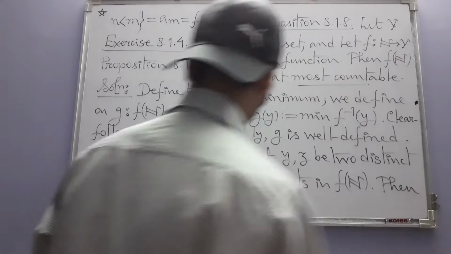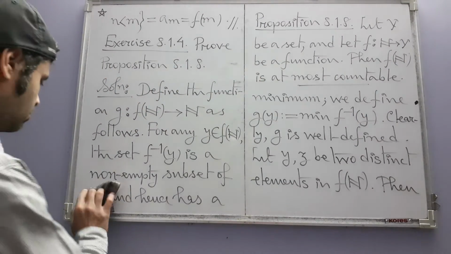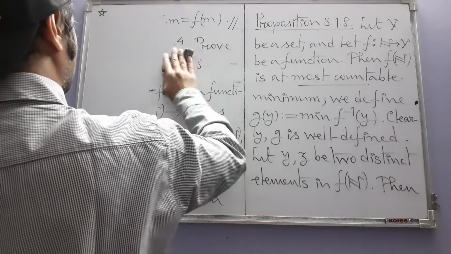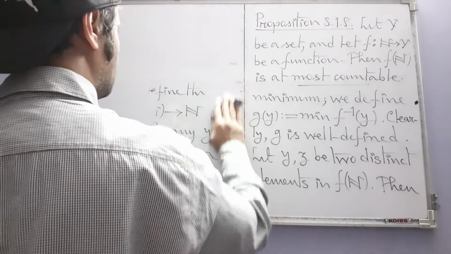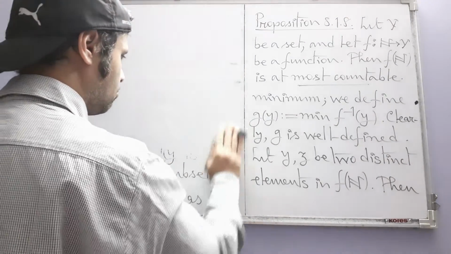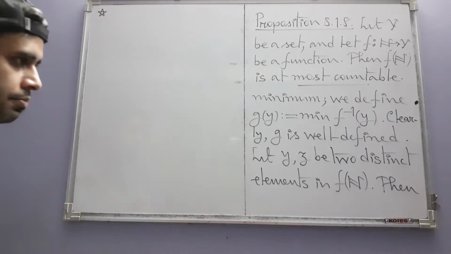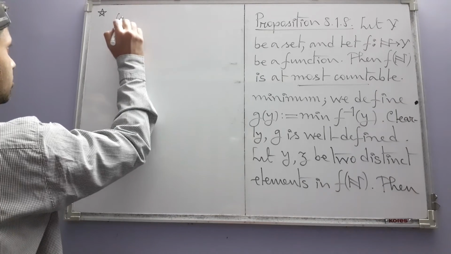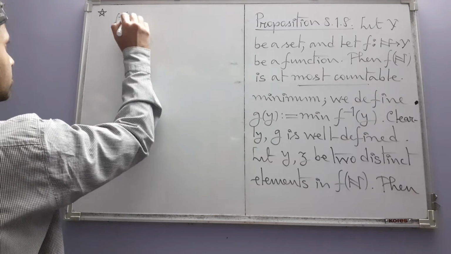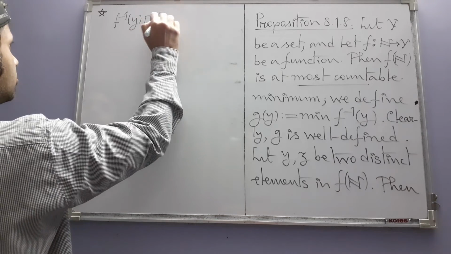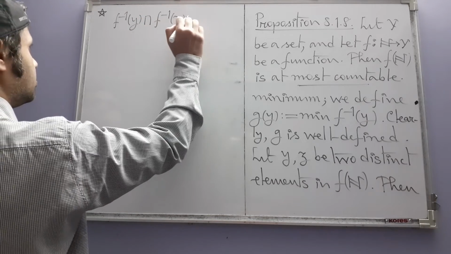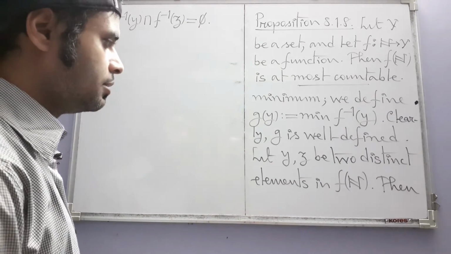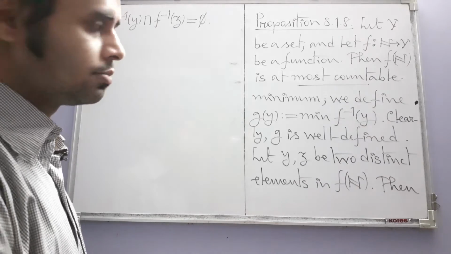Then watch this. f inverse of y and f inverse of z are disjoint. Their intersection is empty. Why is that so?